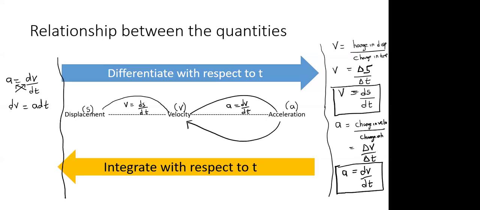Now, when you have dv and you want to obtain v, you integrate on both sides. So my v will equal the integral of a dt. So whenever I have acceleration and they want me to obtain velocity, I will integrate the acceleration.